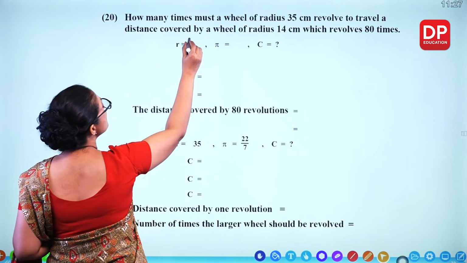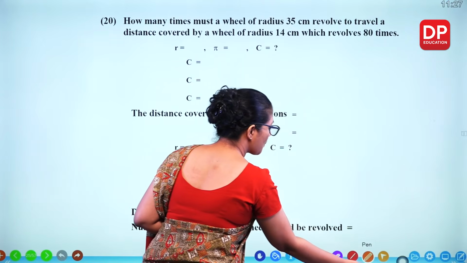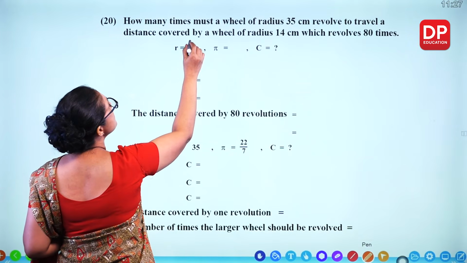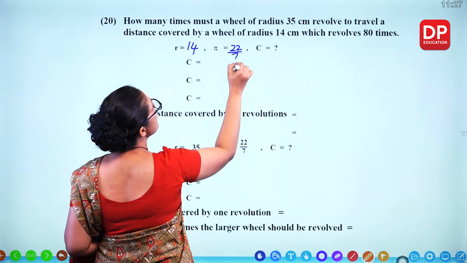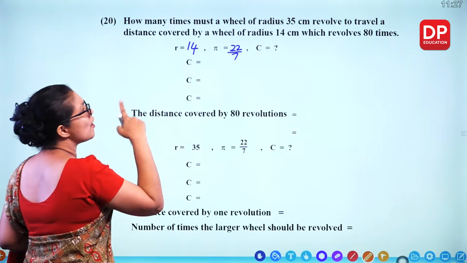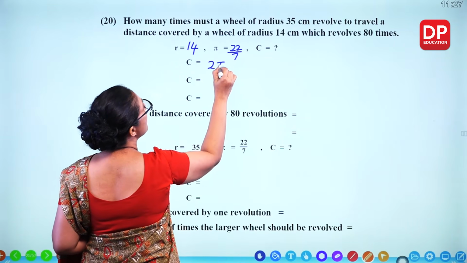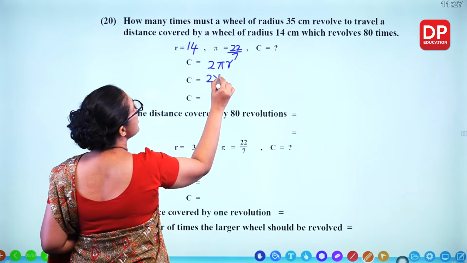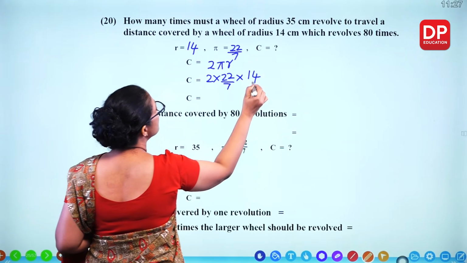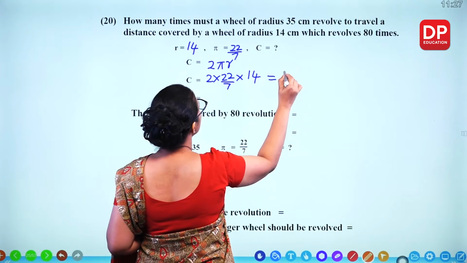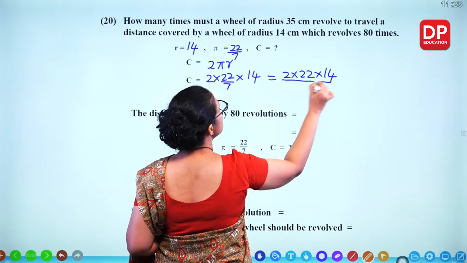So the radius is 14 and pi you can take 22/7, and we need to find out the circumference. So you can use 2 pi r. 2 times pi, 22/7 times r.